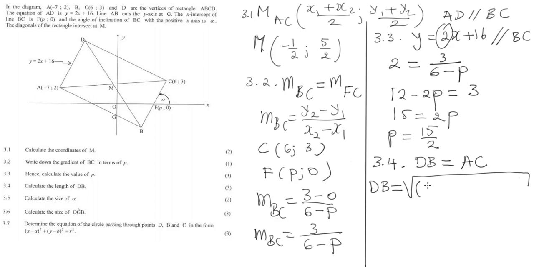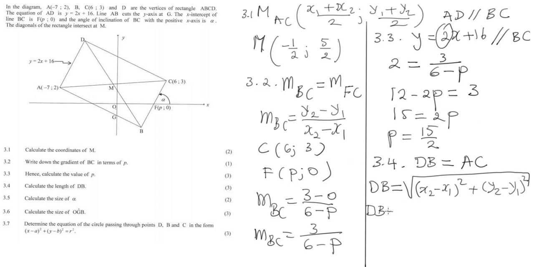Let me write down the formula first: x2 minus x1 all squared, and y2 minus y1 all squared.